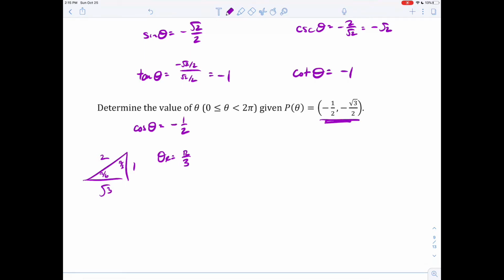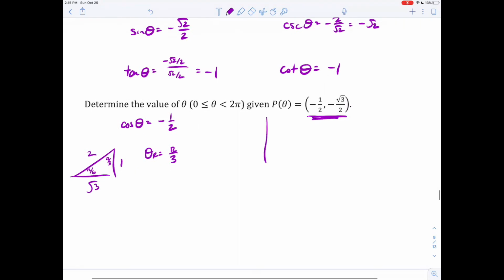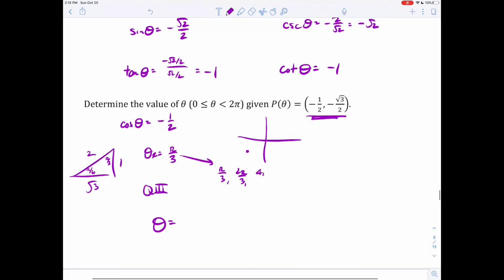This business says that x is negative and y is negative, which means quadrant-wise, we're over here somewhere. So we're in quadrant 3. If we're going to go with quadrant 3, then noting that for this family we're talking about angles like pi over 3, 2 pi over 3, 4 pi over 3, and 5 pi over 3.